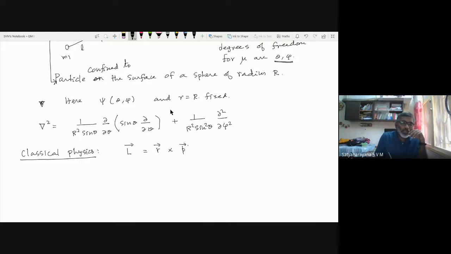So you can write down what is your Lx. Lx is equal to y pz minus z py, and Ly is equal to z px minus x pz, and Lz is equal to x py minus y px. So you know these are all operators.